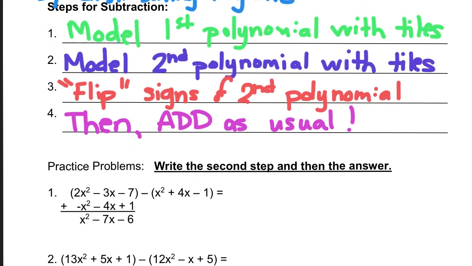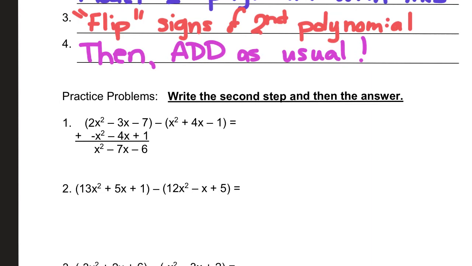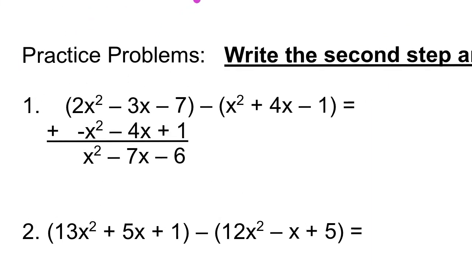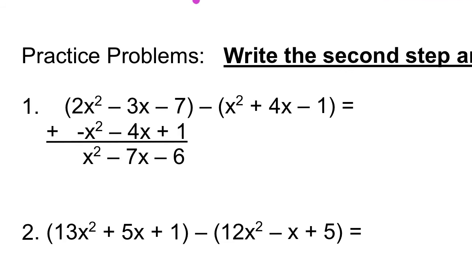Let's practice some problems without using the algebra tiles. Now this is how you'll show your work. First of all, the first polynomial stays the same, so you don't have to rewrite it. One thing I want you to note is right here is a negative sign. So it may help your brain to think of this as a -1.